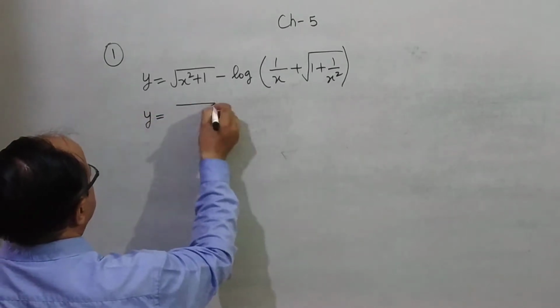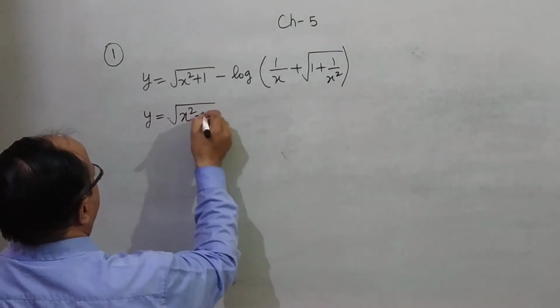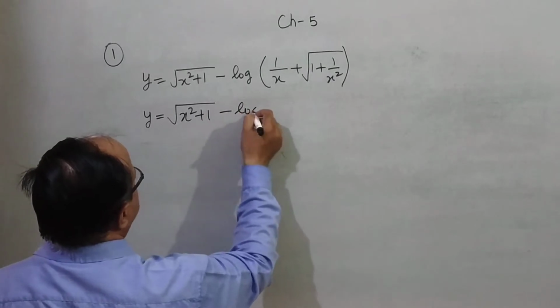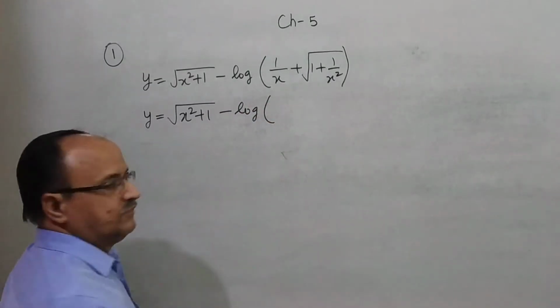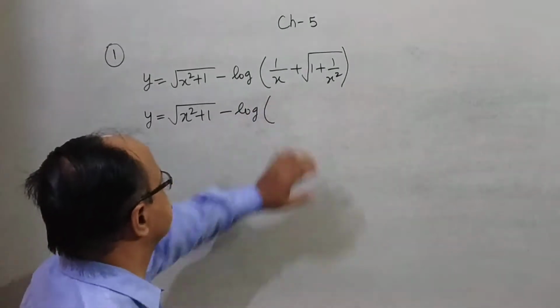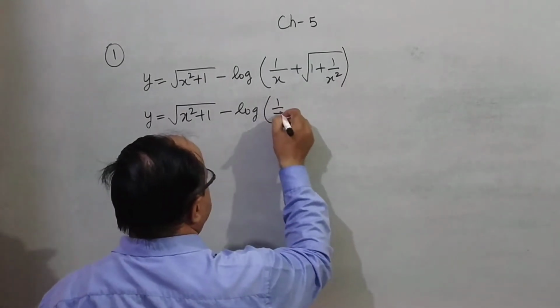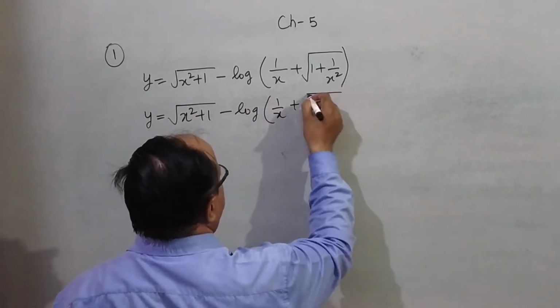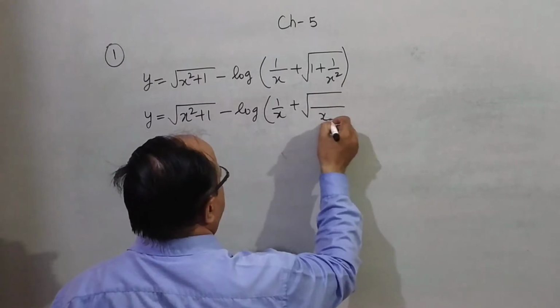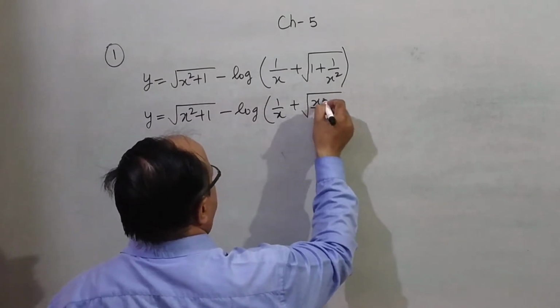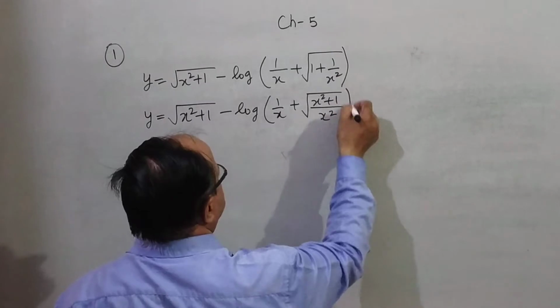y is equal to root of x square plus 1 minus log. Firstly, simplify this term. 1 by x, you can write the common denominator here, x square plus 1 here.